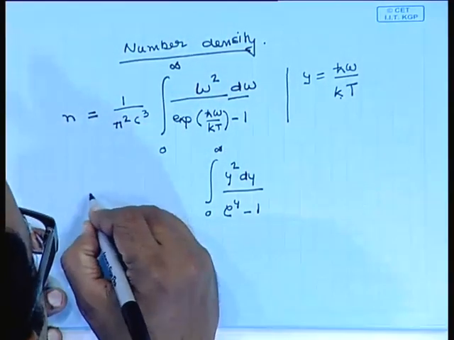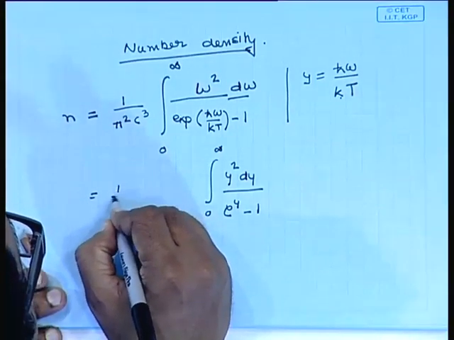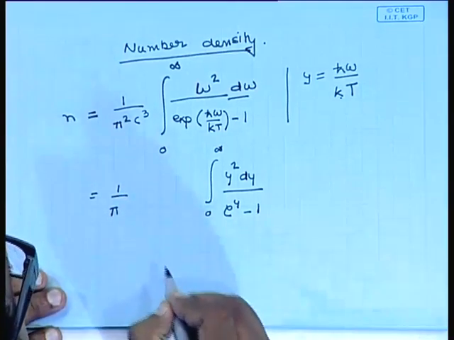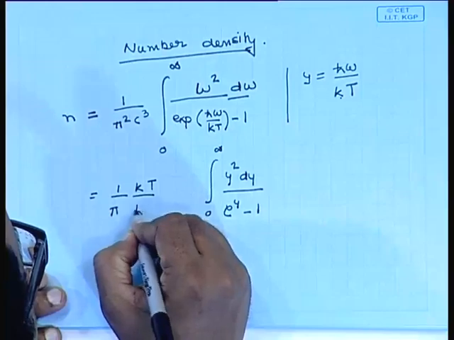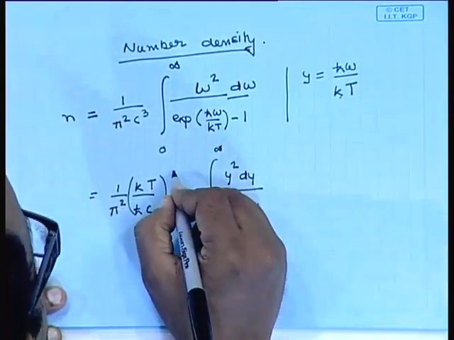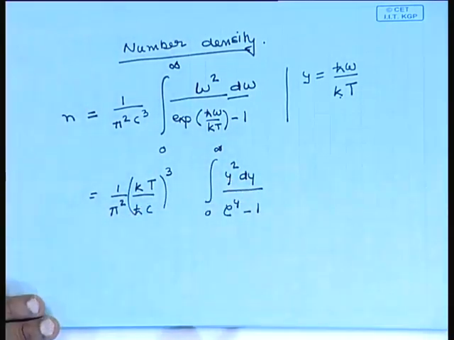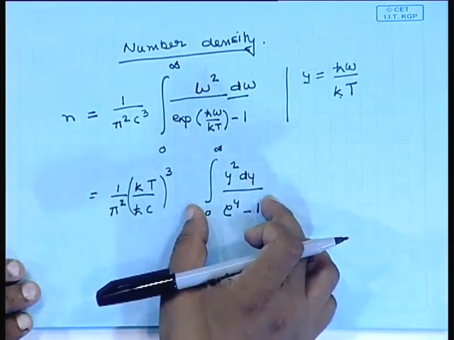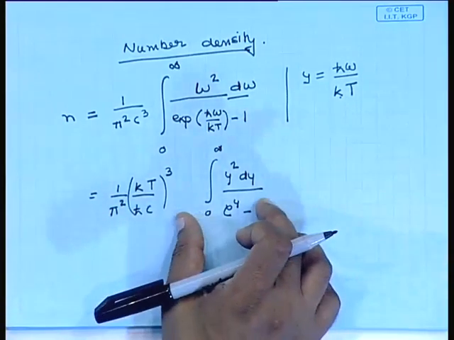So this is going to be equal to 1 by pi square, kT by h cross c whole cube. That is the number density of photons, and this integral is a constant number.